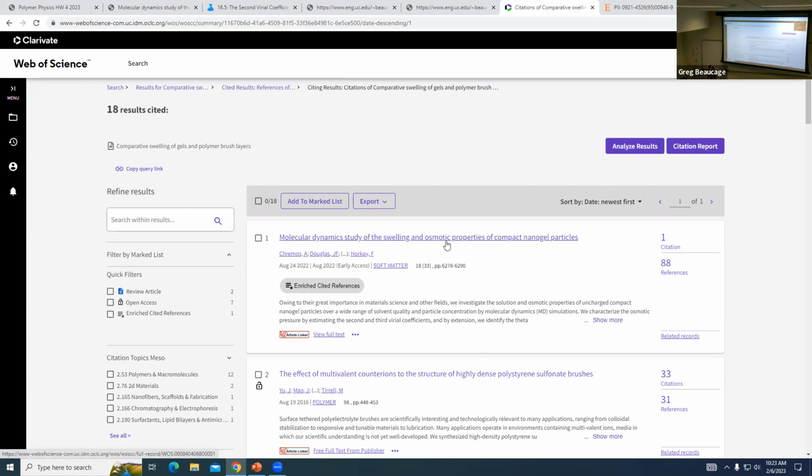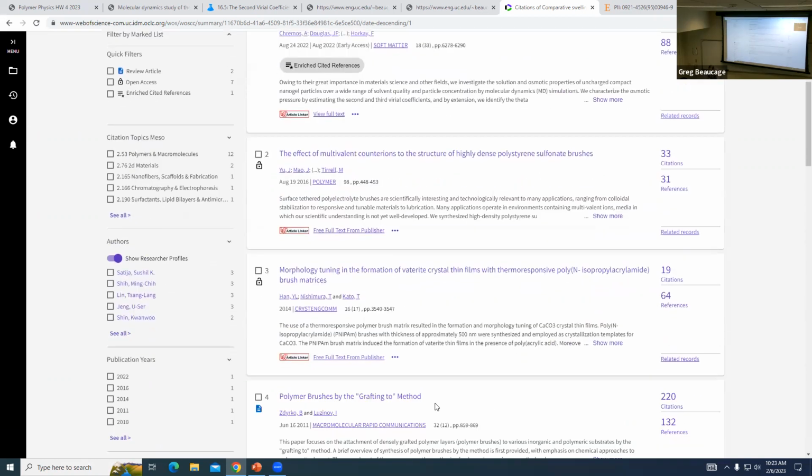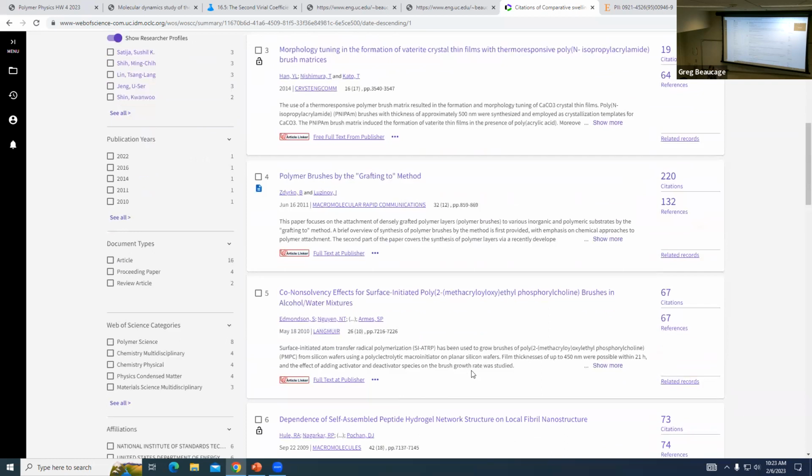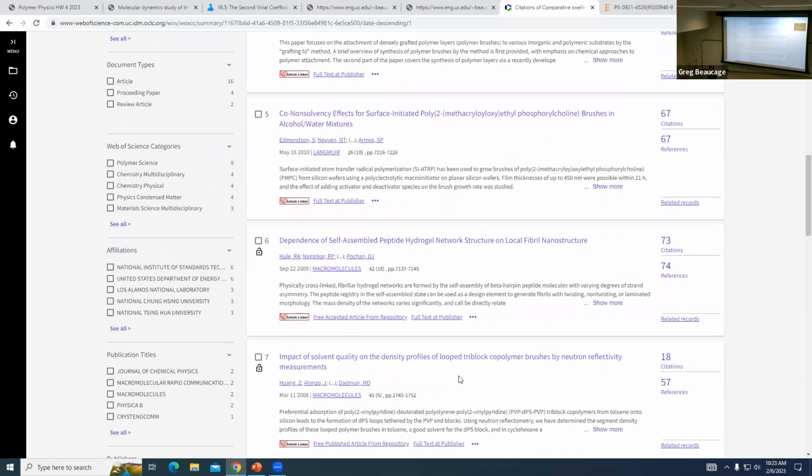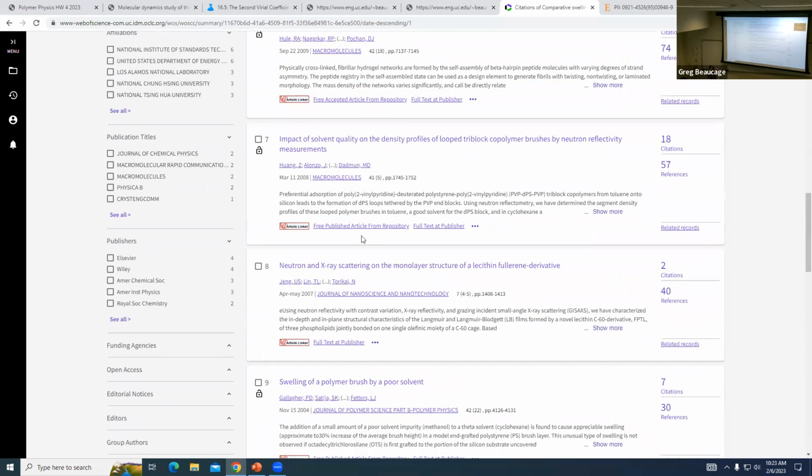Jorge cited his own paper. That's the paper we're looking at. Then you can see kind of everyone that maybe used that function. Mark Dadmun is at University of Tennessee chemistry department. He did simulations. He does neutron scattering too.